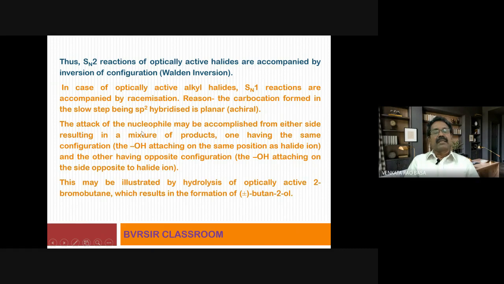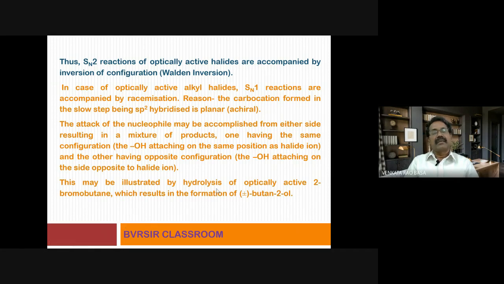In the next step, the nucleophile may attack from either side, resulting in a mixture of products. One has the same configuration, and the second has the opposite configuration. That means 50% is retention of configuration and 50% is inversion of configuration. That is why it results in the formation of a racemic mixture.